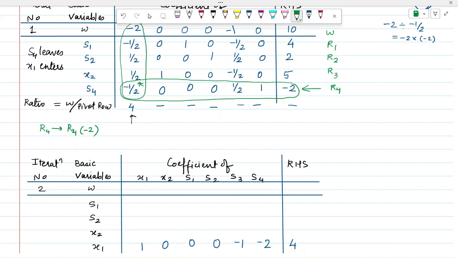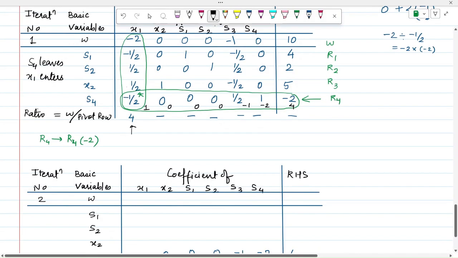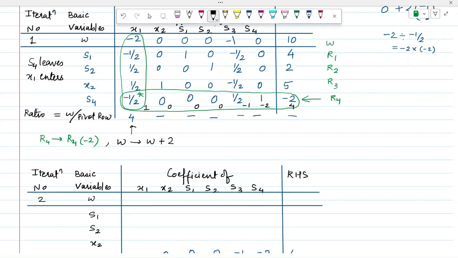Okay. So what we are going to do is we'll first write down all the new values here. That's 1, 0, 0, 0, -1, -2, and a +4. Okay. And let's work on the table. W row, to make it 0, I'll have to do W plus 2 times R4 new. Correct.